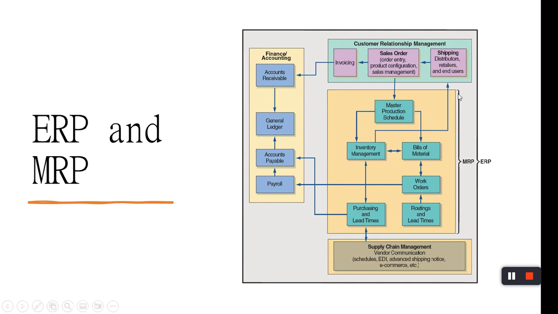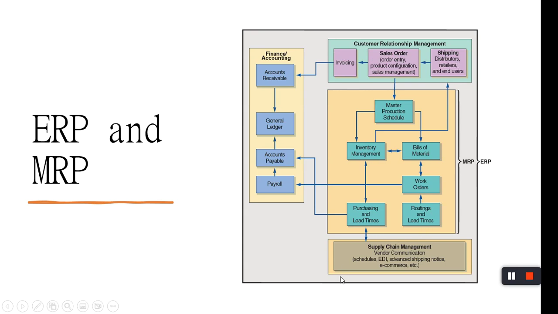So here, diba, it includes the basic MRP. This is the basic MRP. And then it includes finance as well. Okay, in finance, we have the accounts receivable, general ledger, accounts payable, and payroll. It also includes customer relationship management, so on invoicing, sales order, and shipping.